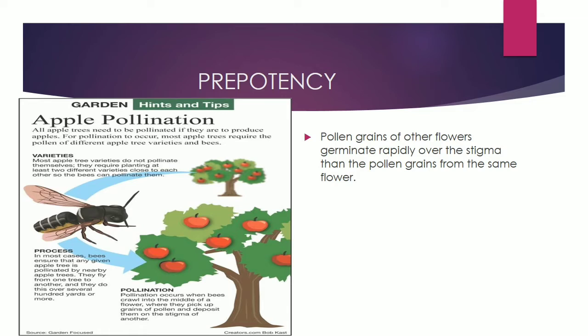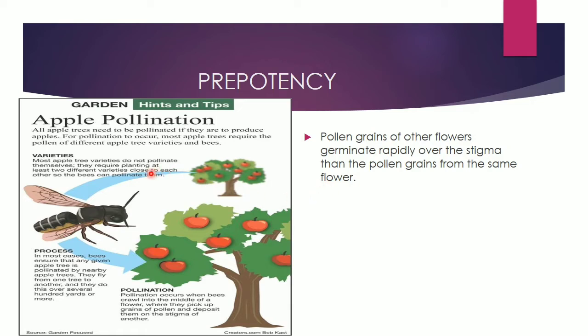Then it is known as prepotency. Before the same flower's pollen grains mature, pollen grains from some other flower fall on the stigma and pollination happens. That is prepotency: pollen grains of another flower germinate more rapidly over the stigma than the pollen grains from the same flower.